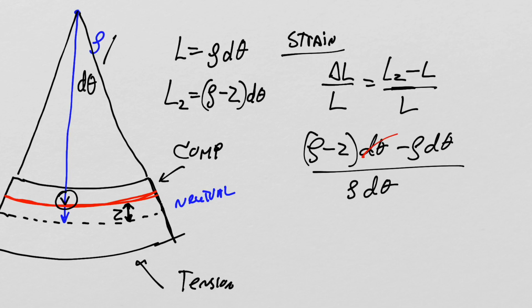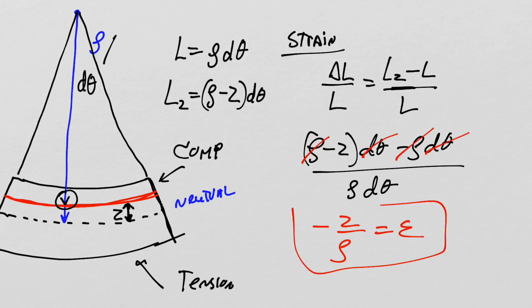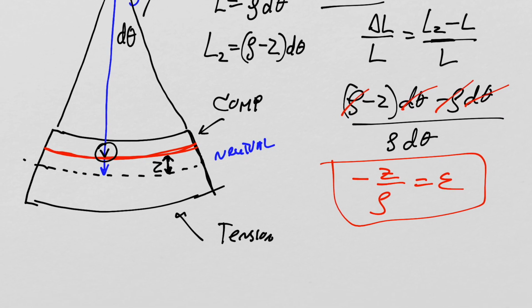The d thetas cancel out, the rho cancels with the rho, and you get the strain equals minus z over rho. That is the strain, and the strain is usually given by the Greek letter epsilon. So this is the strain at the distance z above the neutral line of our little string element.